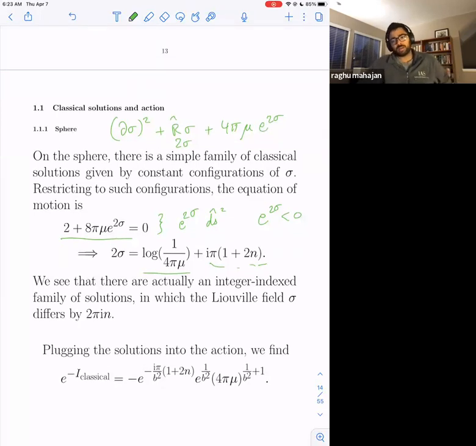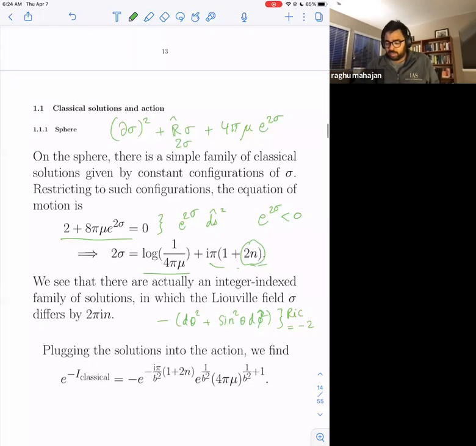And this metric, minus d theta square plus sine square theta d phi square, its Ricci scalar is -2, not +2. So that's sort of the message. And also notice that there are actually an infinite number of solutions labeled by this n. So it's not just one saddle, you find some infinite number of saddles.